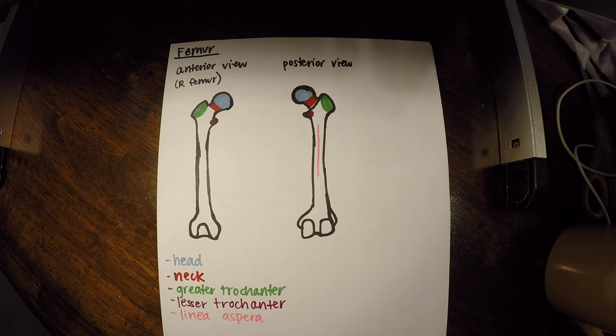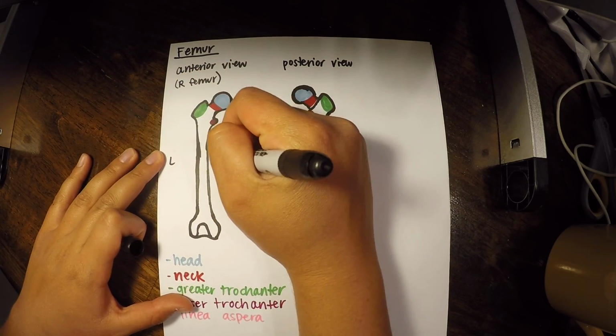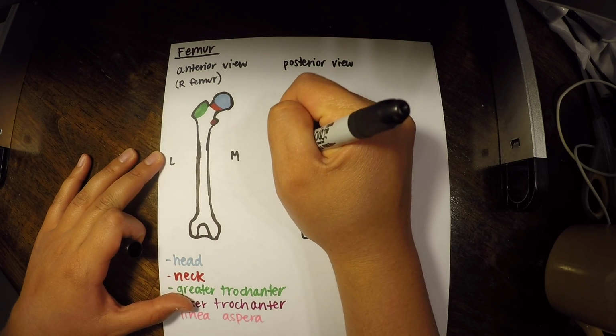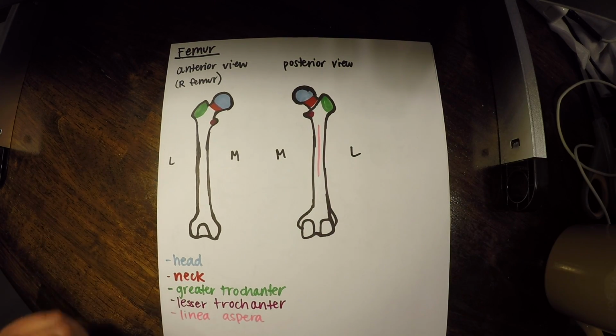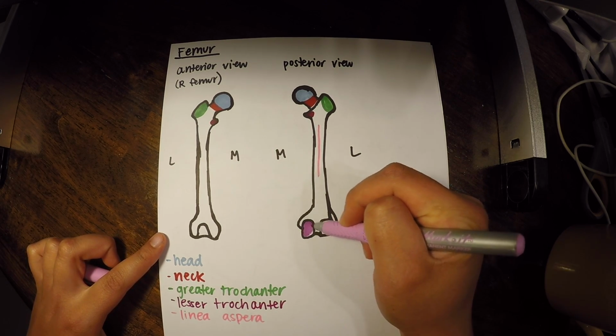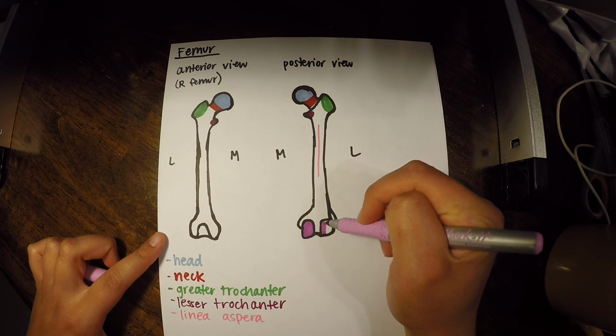So we're going to have a medial and lateral condyle. Actually, you know what? I forgot to write. This is lateral, this is medial. The head of the femur is going to be facing medially. So we have our medial and lateral condyle.